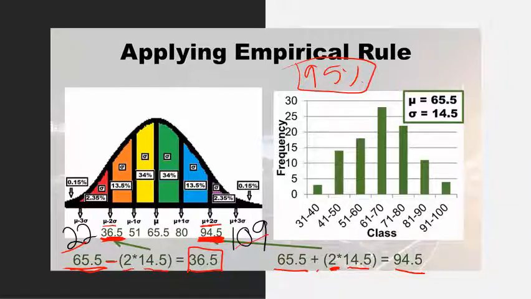What this means is that those limits cover this entire section, and remember, this entire section is 95%. So 95% of the total scores that the students scored on the test fall between 36.5 and 94.5. 95% of your data from the students is going to fall within that range. That's what it looks like.